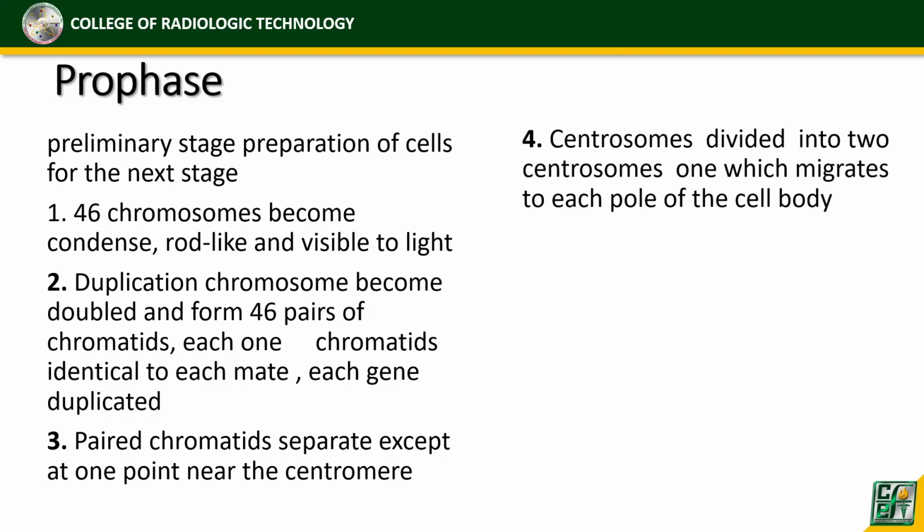The centrosome divides into two centrosomes, each of which migrates to each pole of the cell body. Okay? So yung centrosome, okay, mag-divide siya sa dalawa. And they will move from the center to either side of the cell body.